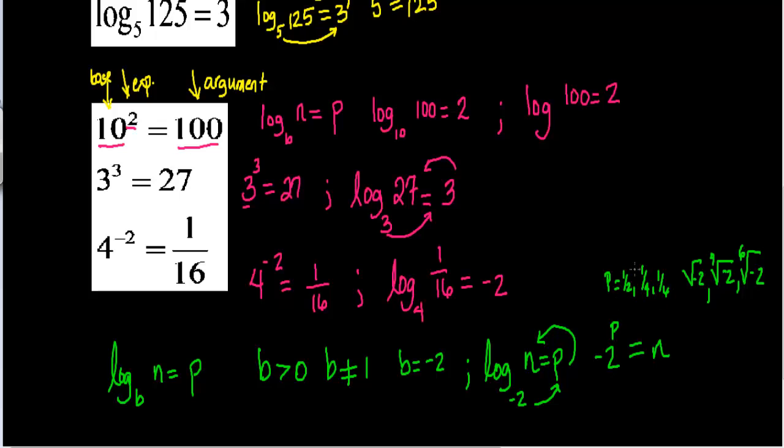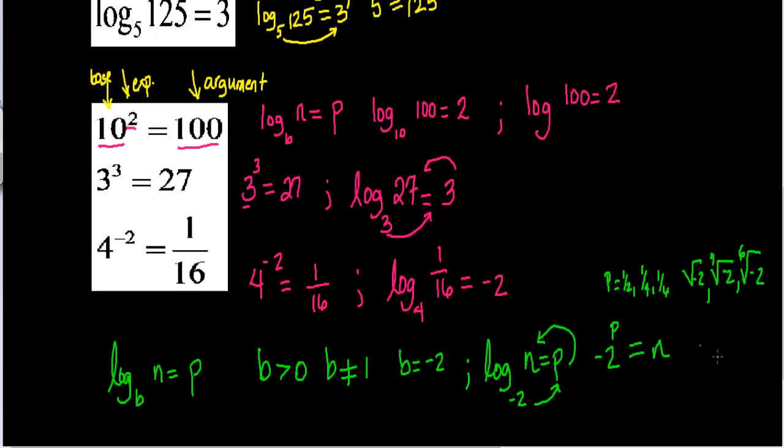Plus, whenever p has an even denominator, which makes me have even roots, then I have undefined values. So this exponential function, when I have a base of a negative number, doesn't behave well. So we say b has to be greater than 0. Okay, no negatives in this base.